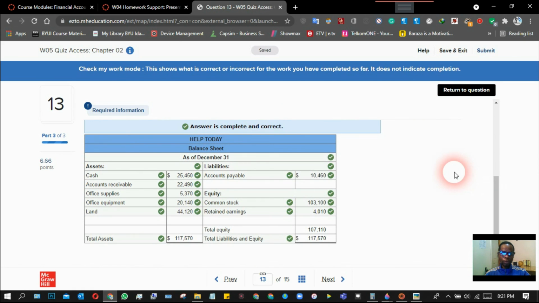Alright, so that is how you fill the income statement, the statement of retained earnings, and the balance sheet.